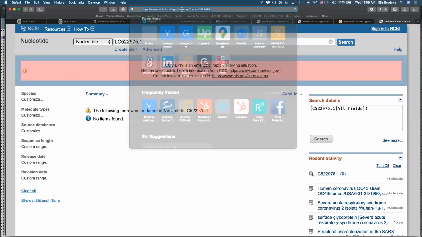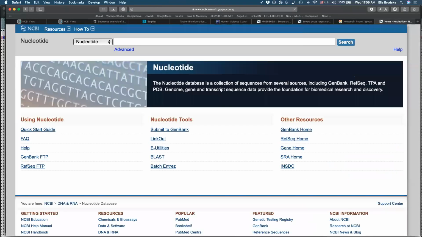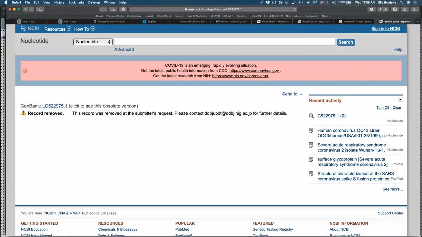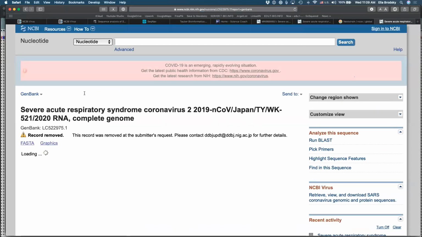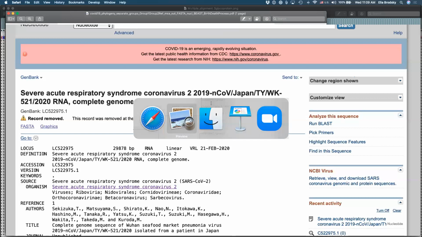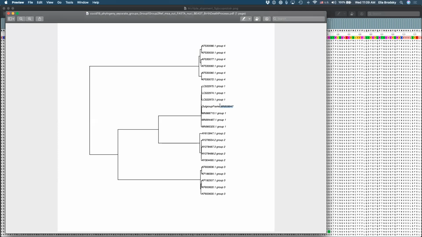All right. Okay, this record was removed, but you can see that this was novel coronavirus 2 from Japan. And so forth, right? And we can see outgroup frame stands for the reference genome that we used. And as you remember, this is the reference genome that we originally used for this novel coronavirus.